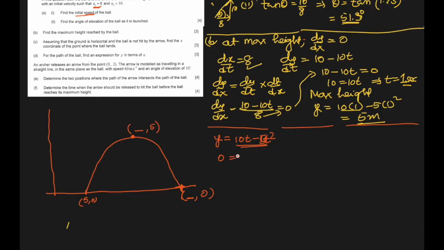So 0 equal to 10t minus 5t square. So 0 equal to 5t times 2 minus t. So that means 5t is 0 or time is 0. Time started here, that makes sense, it is here.